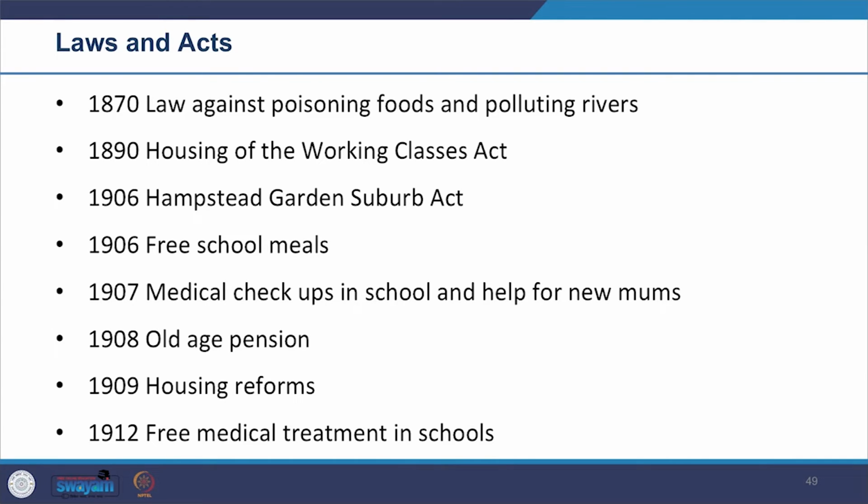Furthermore, in 1908, the old age pension was also started. Then in 1909, housing reform happened, and in 1912 free medical treatment in school was also initiated. So you see how parallelly the social reforms were also gaining momentum with the change in the voting rights.